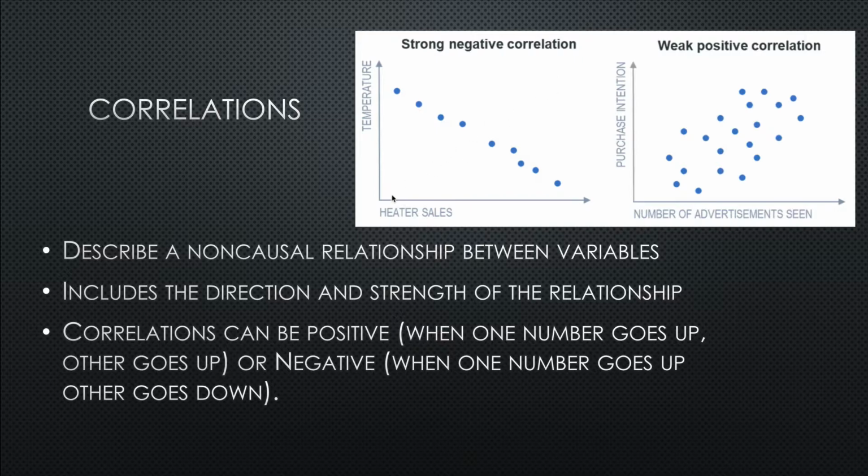And again, I think of a positive correlation as if we were to ask all of your athletes, all of your clients, their shoe size and their height, what kind of relationship would you see between shoe size and height? Would you see a positive correlation or a negative correlation?